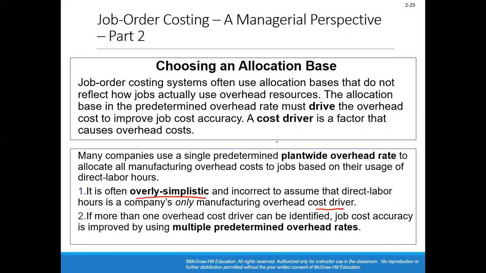So you need to identify what is the cost driver that is causing the changes in your overhead cost significantly. Obviously there might be a number of drivers, but you have to identify that driver which is precisely or dominantly influencing the changes of the overhead cost.